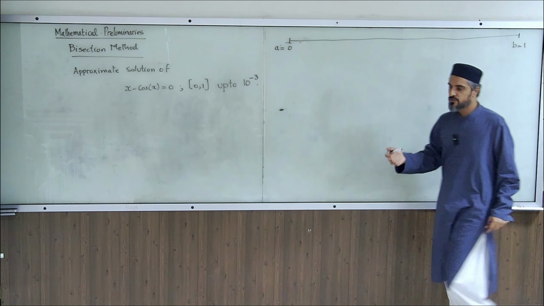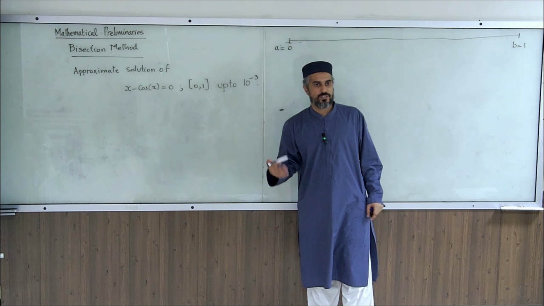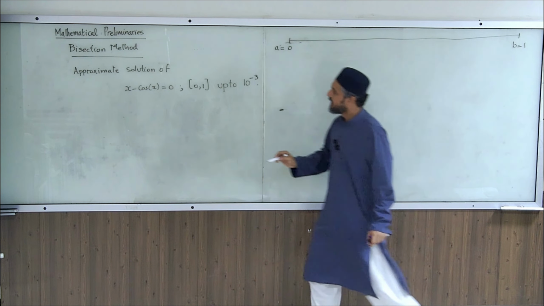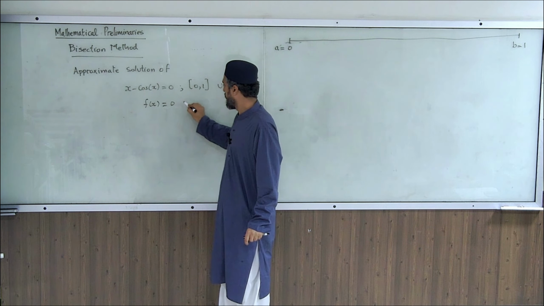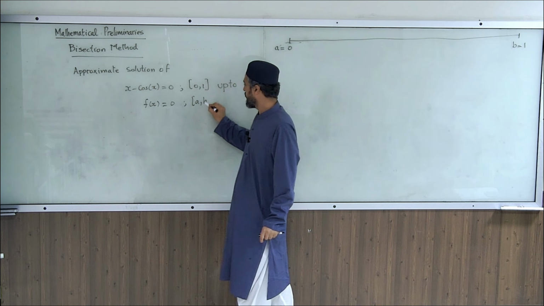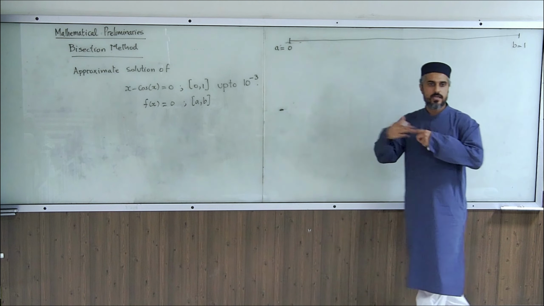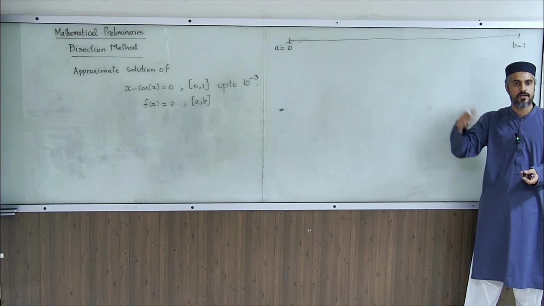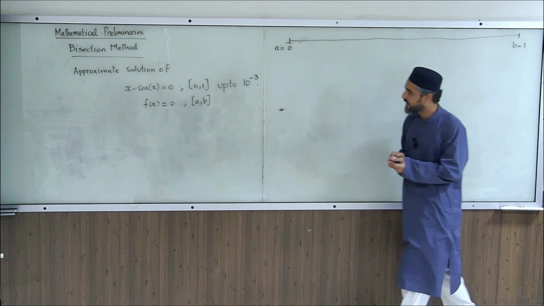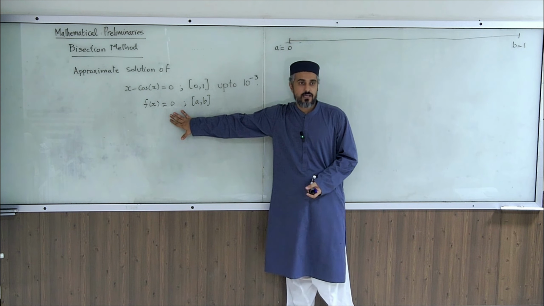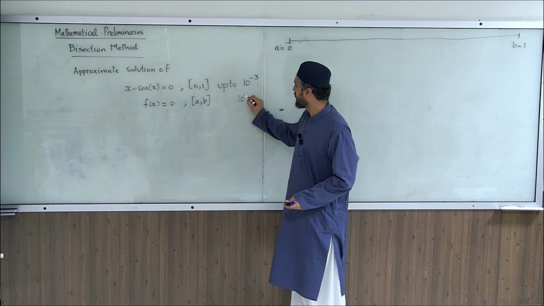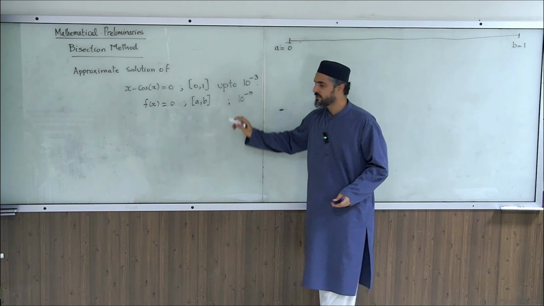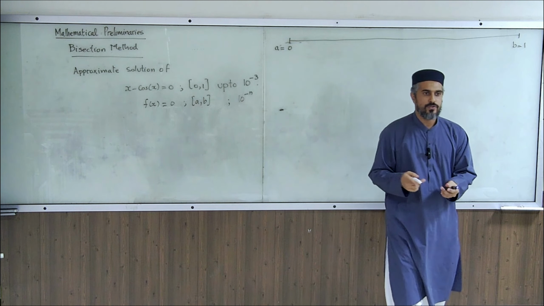Let's also go with the generic form, for example, f of x equals to 0 on an interval a to b. Let's say any general problem and on a general interval. On any interval, we know that the solution lies in this interval, and up to 10 raised to the power minus n is a general accuracy that we wish to achieve.